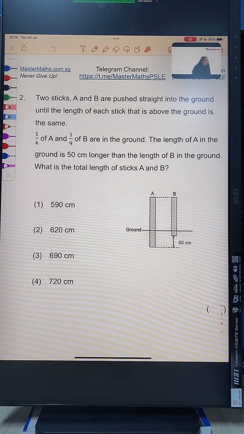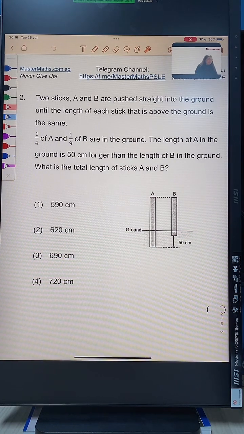Rahman from Instagram told me that this was question number 15. But yes, these options are different because the numbers are slightly different. Okay, Mirza, I hope it's better.